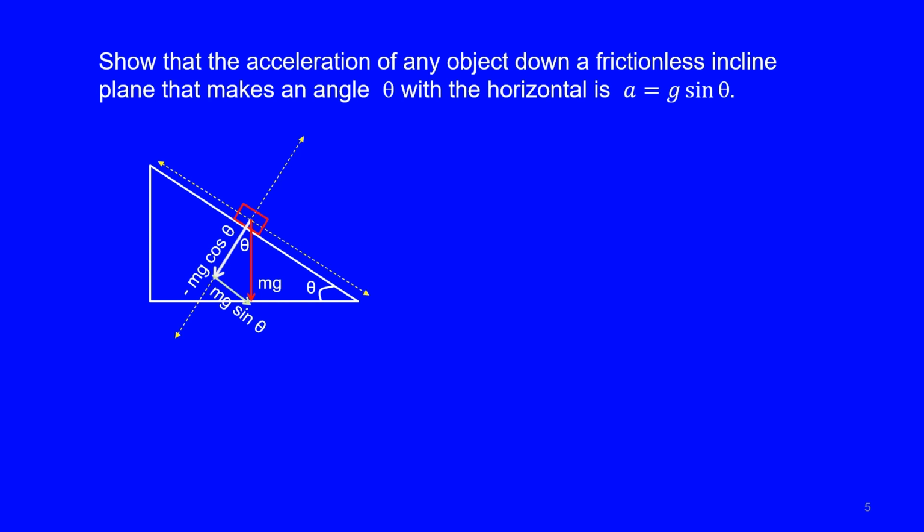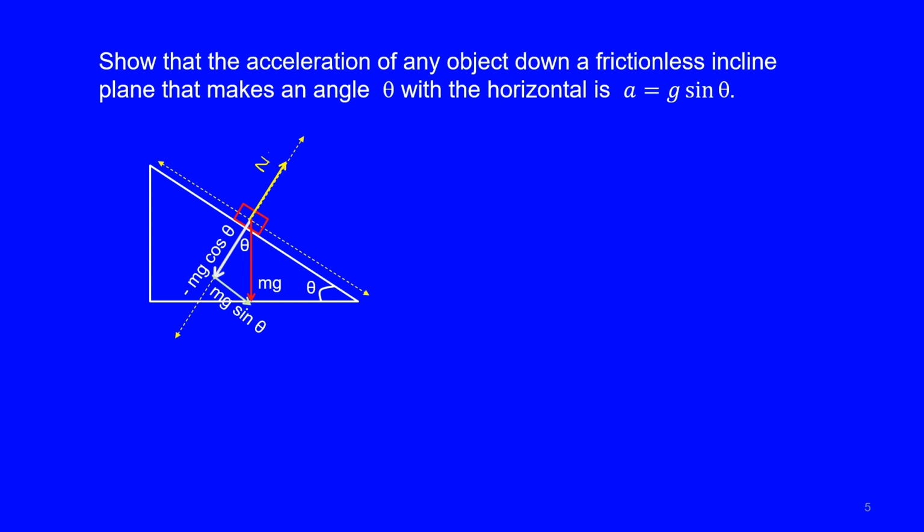So now, because we have mg cos theta downward on the inclined plane, there will be a normal force acting on the object by the inclined plane, and this is a normal force.